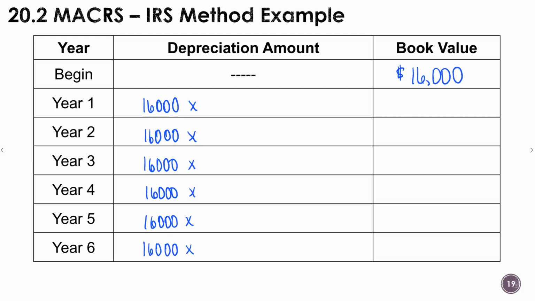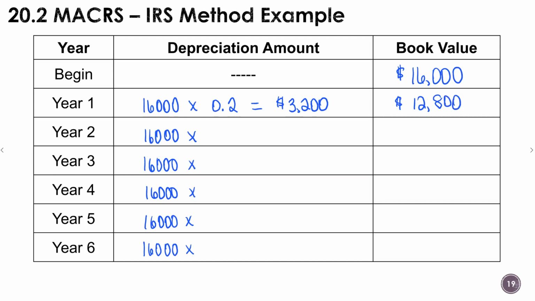Okay, so we multiply by our percents. The first percent was 20%, so that's just 0.2. And that gives us 3,200. We do subtract it from the 16,000, so our book value decreases. Remember, we are going to decrease all the way to 0.